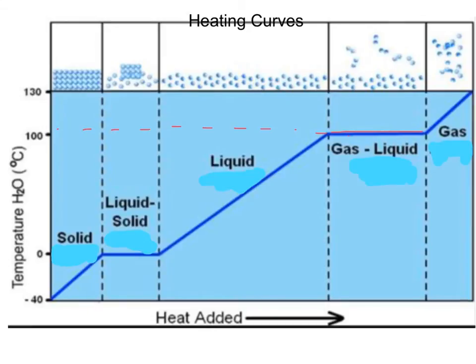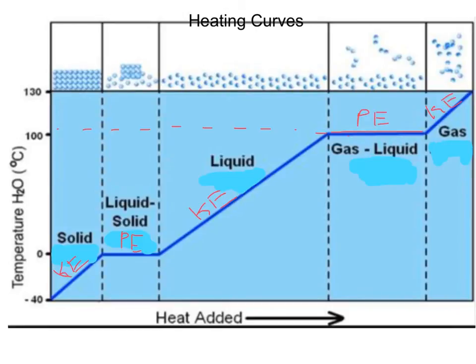The particles are speeding up wherever you see a temperature increase, so anytime you see an up slope, kinetic energy is increasing. Where's potential energy changing or increasing? That's when the substances are changing state and the particles store up energy when they do that.